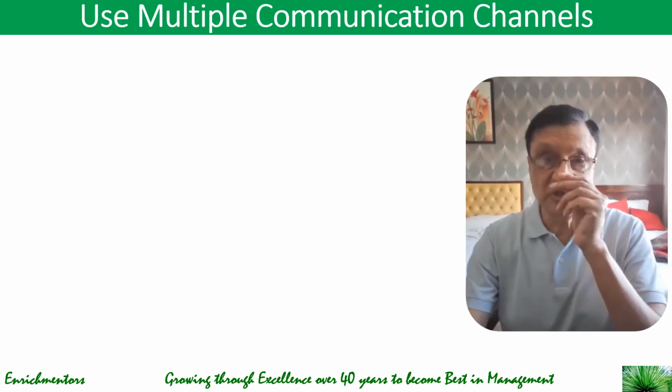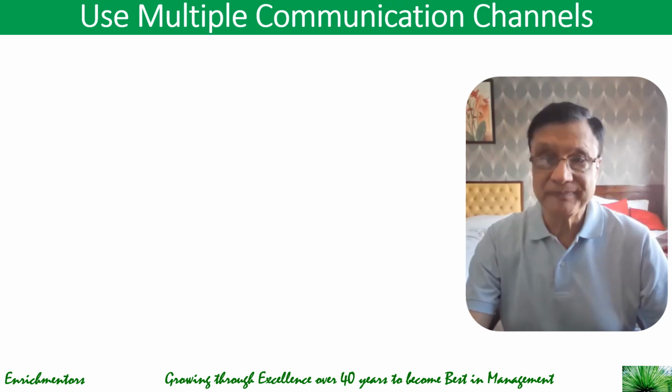While communicating, use multiple communication channels. Share the message across various channels to ensure that it reaches everyone, because each one of the employees may be watching a different channel.